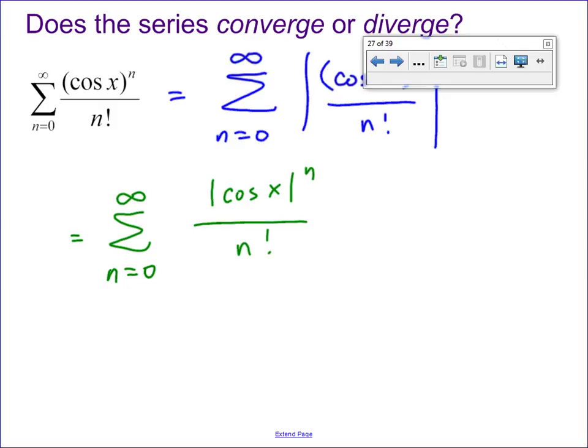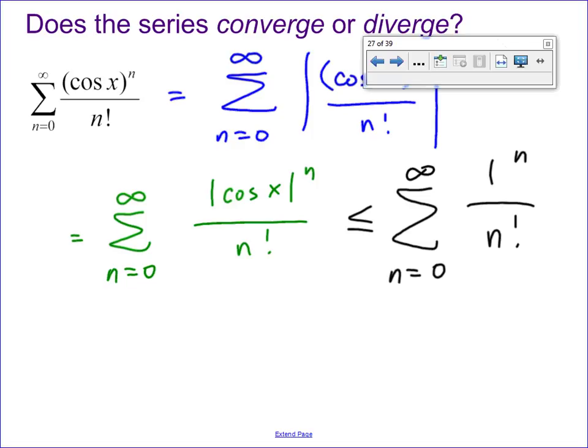We know that this is forever less than or equal to just 1 to the n over n factorial. And 1 to the n is just 1.